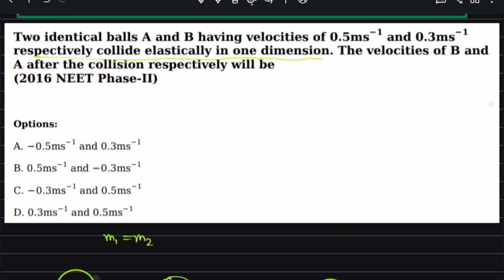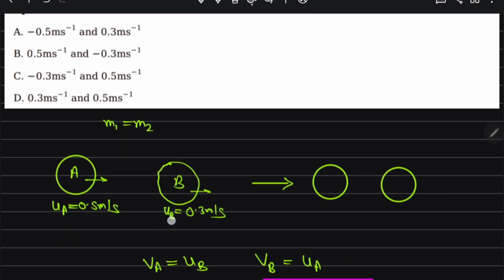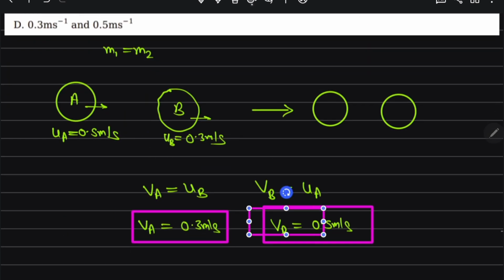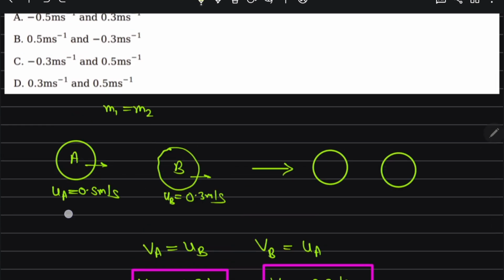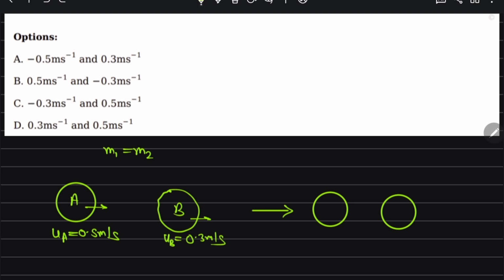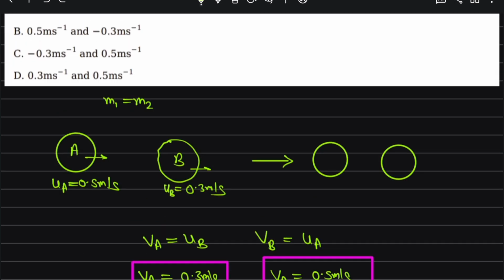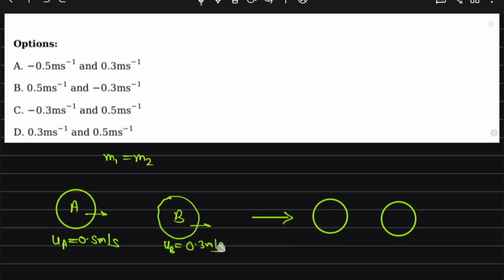But from the options we can find that the second body is definitely moving in the opposite direction, that is minus 0.3 meter per second.